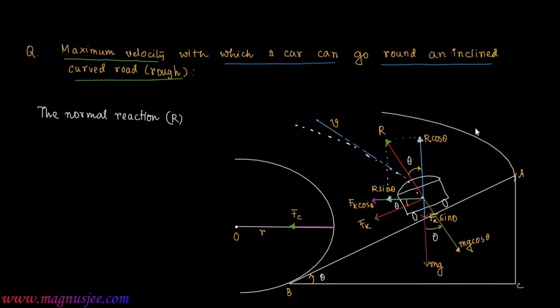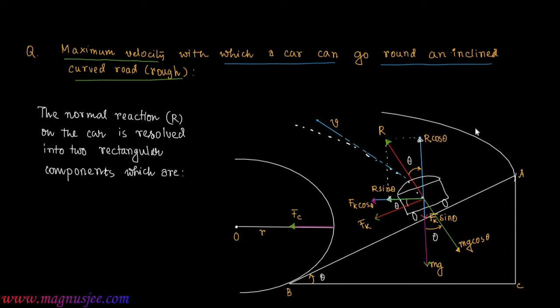The normal reaction R acting on the car applied by the rough inclined road is resolved into two rectangular components, which are as follows: R cos theta and R sin theta.